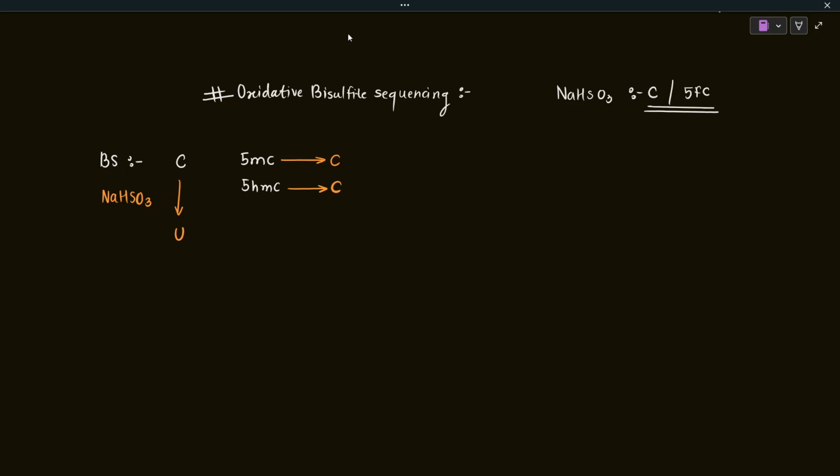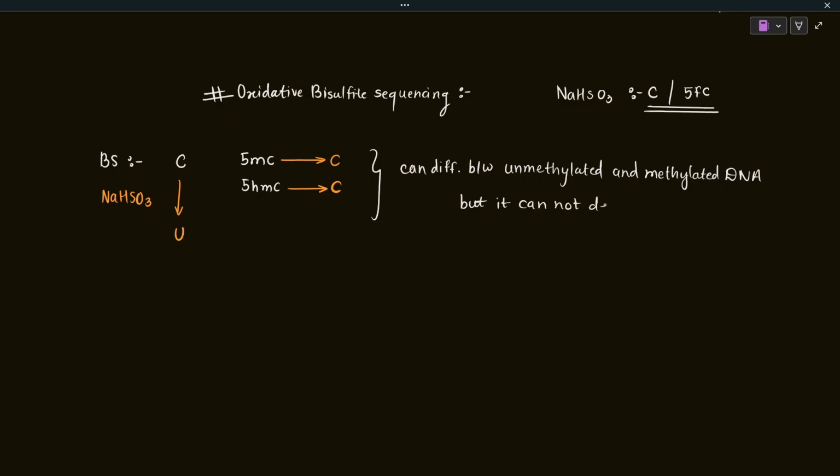So now the glitch comes here. The drawback is that bisulfite sequencing can differentiate between unmethylated and methylated DNA, but here comes the but: it cannot decipher or differentiate demethylated DNA.